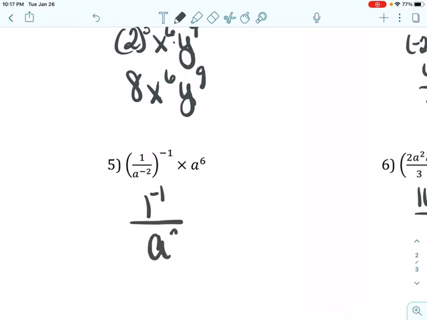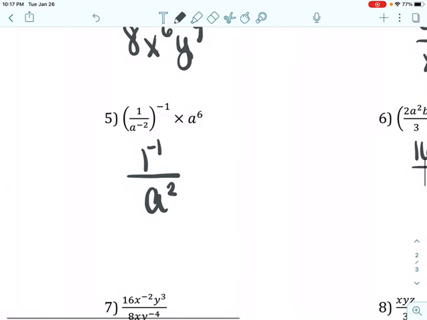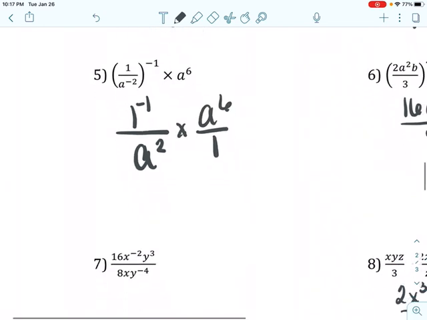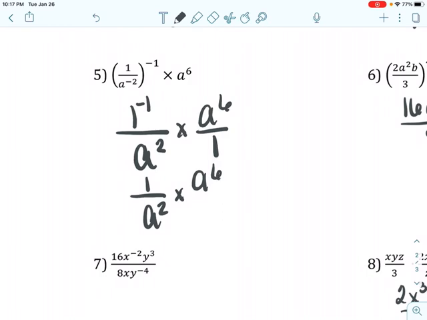Multiply. Okay, so that 1's going to times a to the 6. So think of a to the 6 over 1. So this negative 1's going to come down. If I multiply straight across. Okay, now I can subtract because my bases are the same. I get a to the 4th.